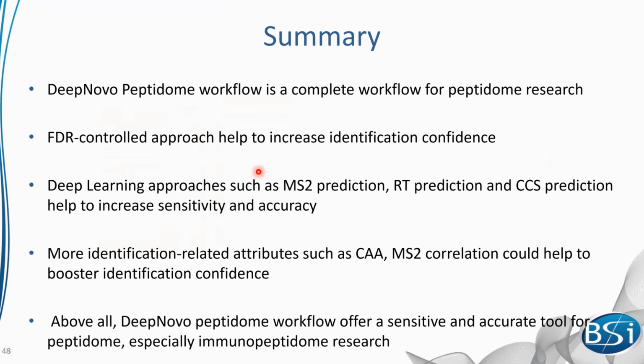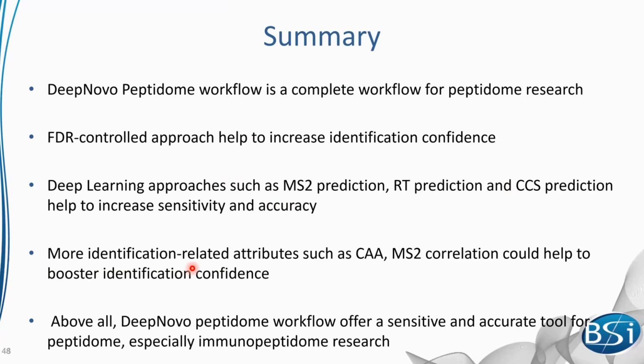And here is some summary. Basically, the DeepNovo Peptidome workflow is a complete workflow for peptide search. The result is FDR controlled to increase identification confidence. We merged some deep learning approaches to predict MS2 spectra, the retention time, and the CCS to increase the sensitivity and the accuracy.